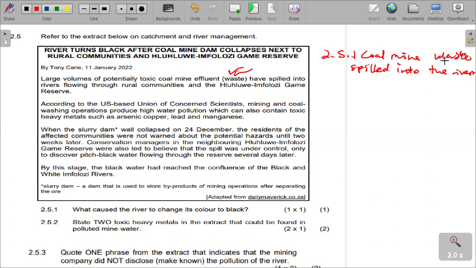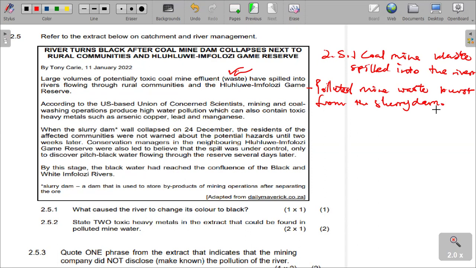We can also say polluted mine waste from the slurry dam.